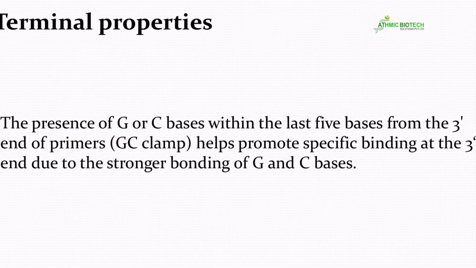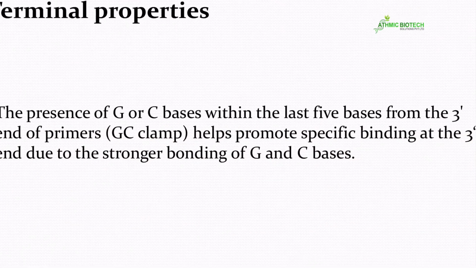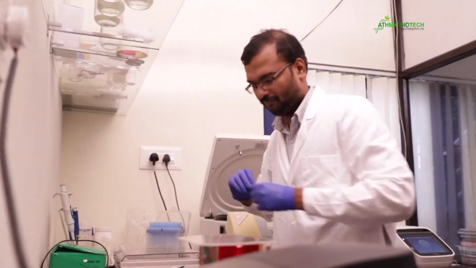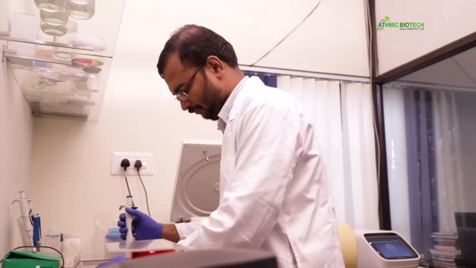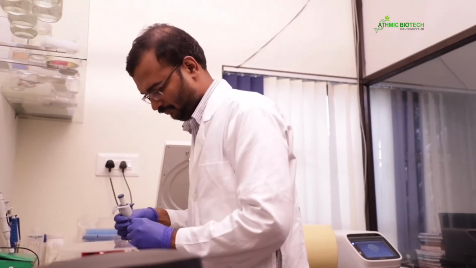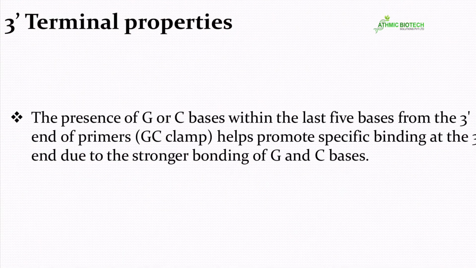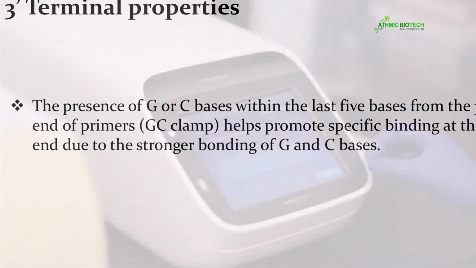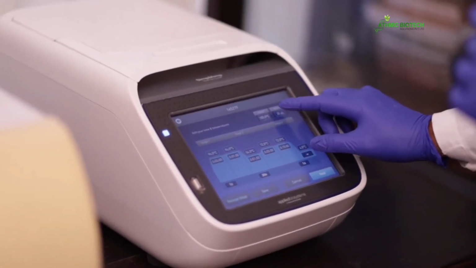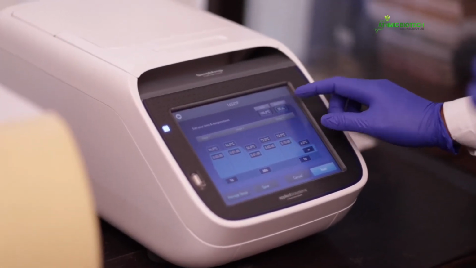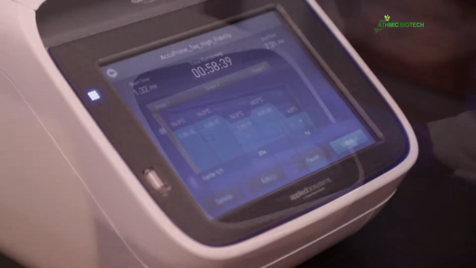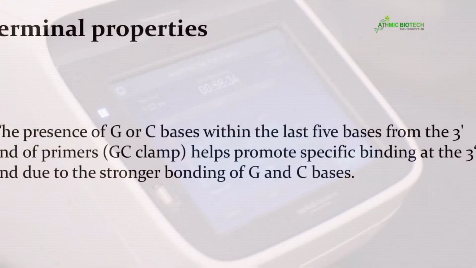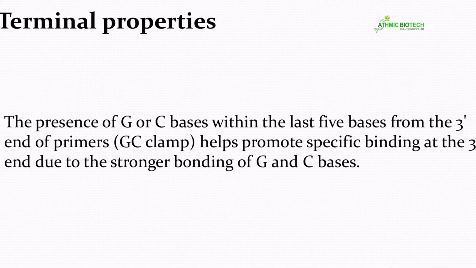And 3' terminal properties: a primer should have some 3' terminal properties. The first one is the presence of G or C bases, that is, the 3' end of the primer should be G or C rich compared to adenine and thymine. That GC rich 3' end is called a GC clamp. If your primer is GC rich at the 3' end, that's a good thing.